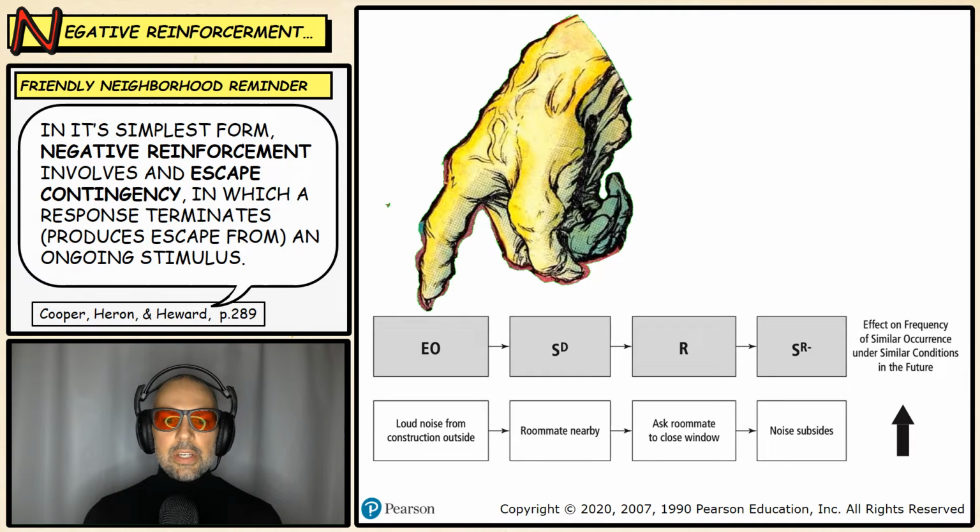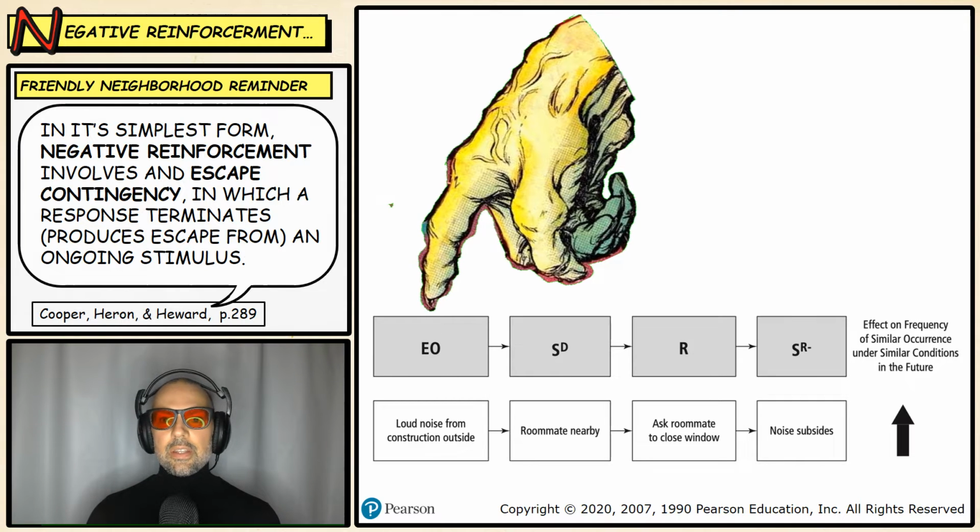So in the escape contingency, you have the establishing operation. And this is what makes it an escape contingency, because the event that you are seeking to avoid, or escape from, that would be reinforcing, that is already occurring. You're already in it. So in the escape contingency, you are already experiencing those establishing operations.